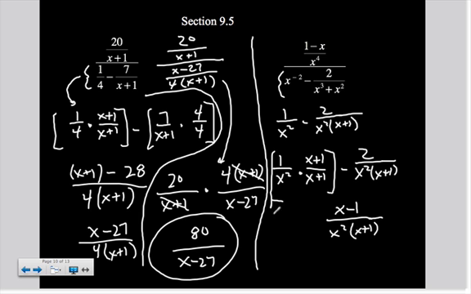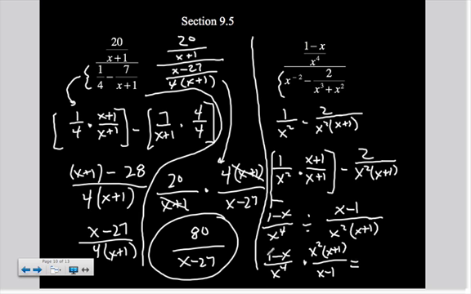Now if I bring this guy down, and I'll write it horizontally this time because maybe that's a little simpler for people, x to the 4th divided by. That means I can invert this and multiply. Right, so I'll have 1 minus x over x to the 4th times x squared times x plus 1 over x minus 1.